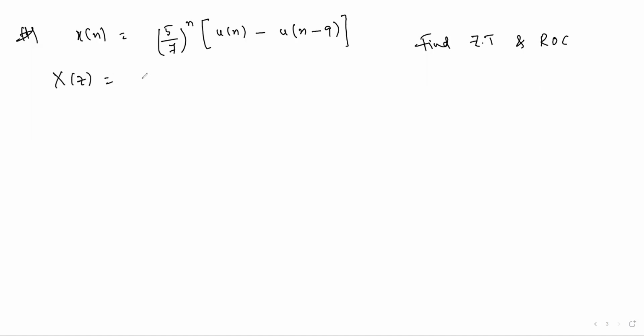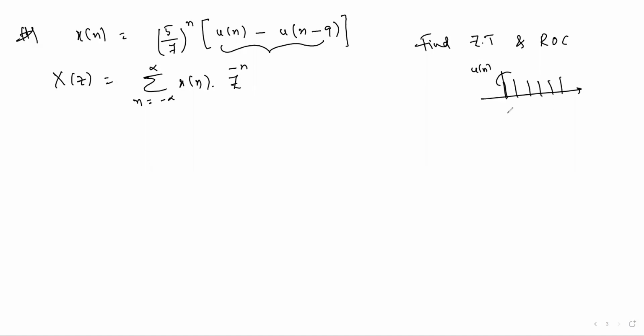The general formula for x of z is the sum from n equals minus infinity to plus infinity of x of n multiplied by z raised to minus n. Here u of n minus u of n minus 9: it is u of n like this, and u of n minus 9 will be starting from 9.